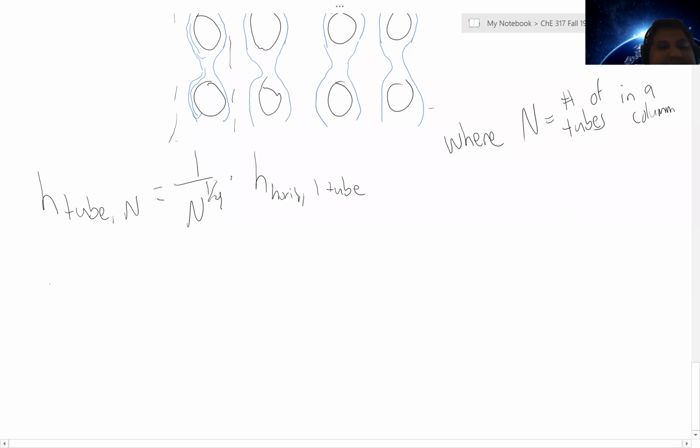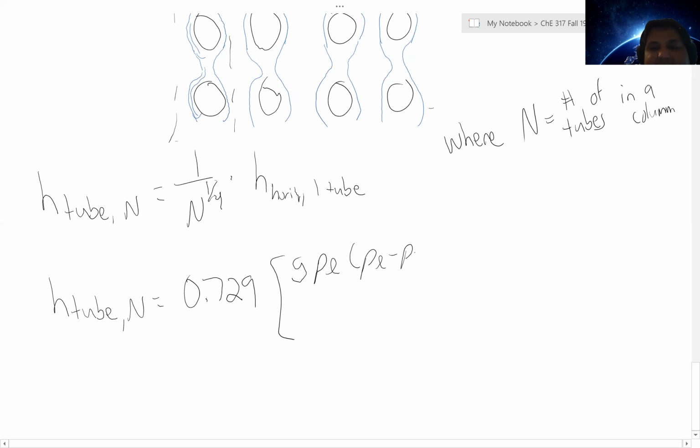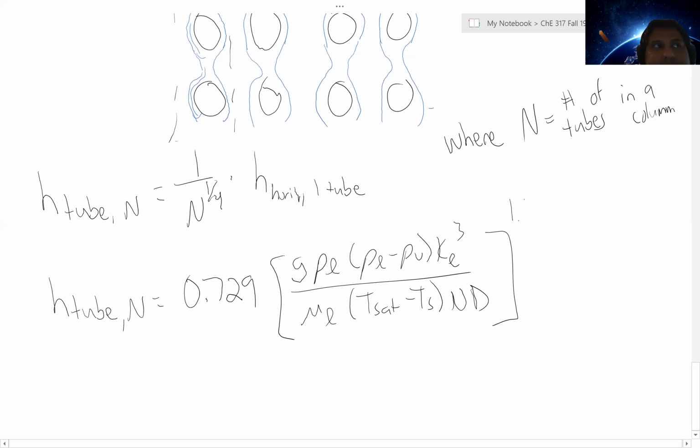And I can also combine it with my original expression and just say for a tube bank, my heat transfer coefficient is going to be 0.729 times g times rho L times rho L minus rho V, k sub L cubed, over viscosity of the liquid, T sat minus Ts, times n times D, all to the 1/4.